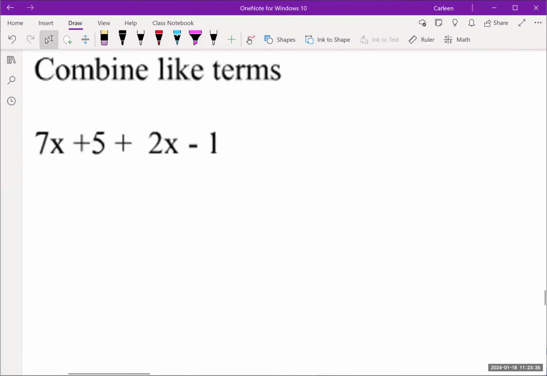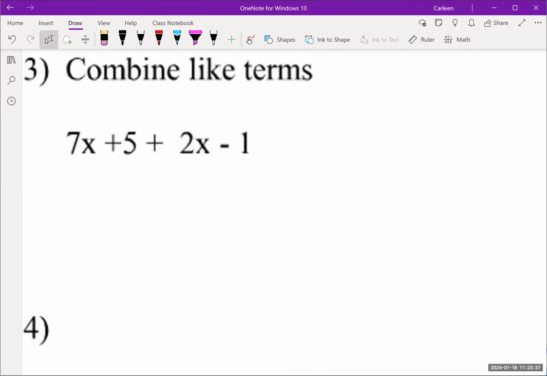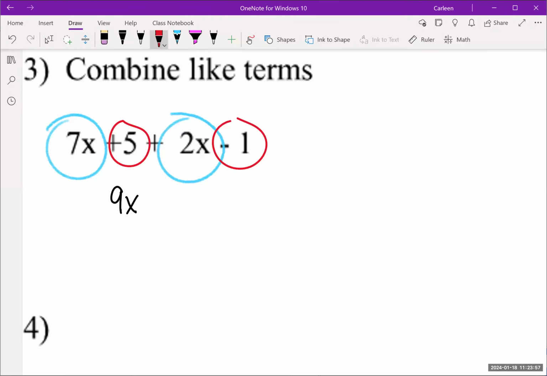Okay, combine like terms. I'm going to circle my variable terms. So 7x's plus 2x's make 9x's. And my constant terms, 5 take away 1 is 4.